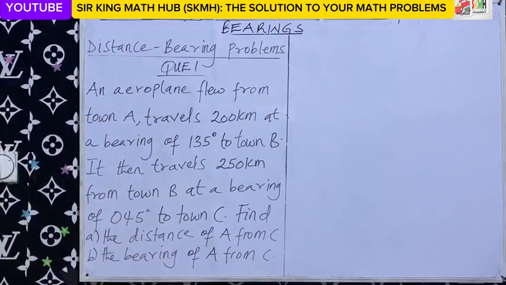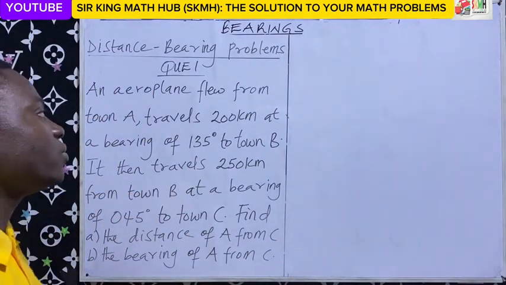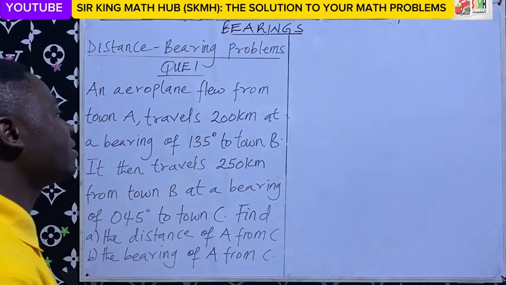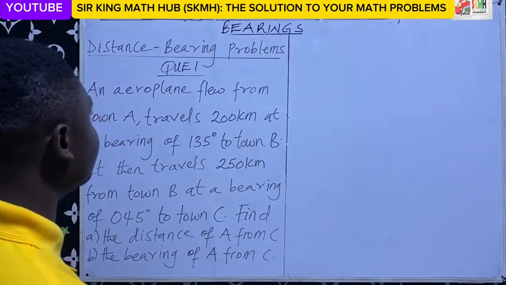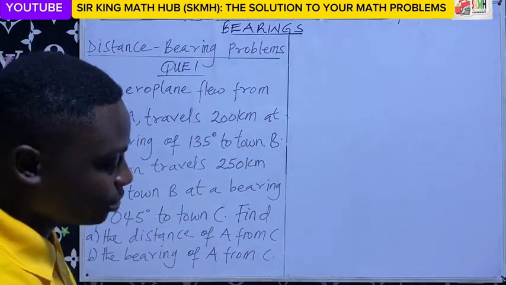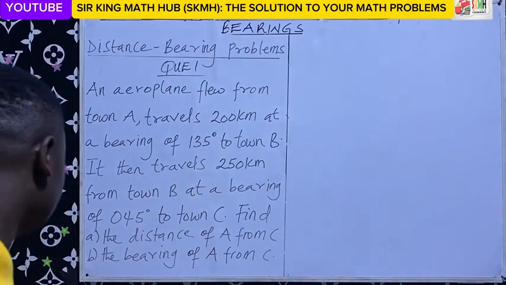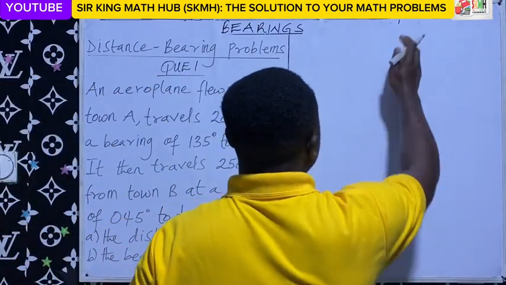An aeroplane flew from town A, travels 200 kilometers at a bearing of 135 degrees to town B. So the first thing is that we should be able to represent this information with a diagram. So let's quickly do that.